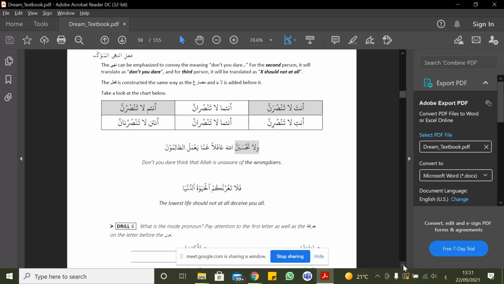Okay, so waw is a harf, la is the lam of nahi, because the next word is a fi'l mudari as it starts with ta, and it's a fi'l. Very well done. تحسبن. So the fi'l originally was تحسب. So you added the emphasis of double noon, so it will become tahsabanna.